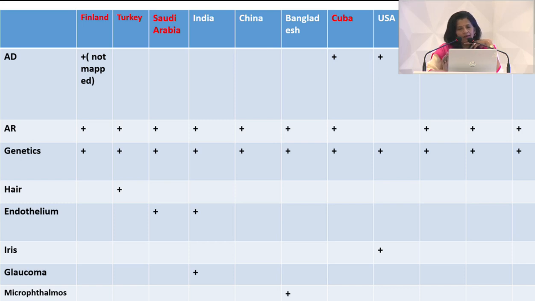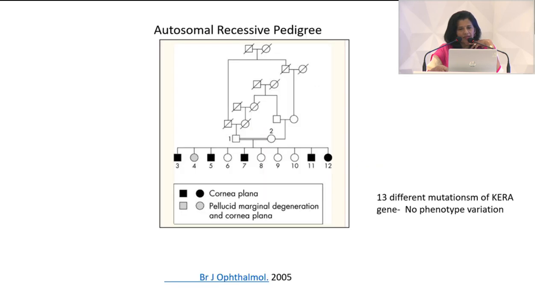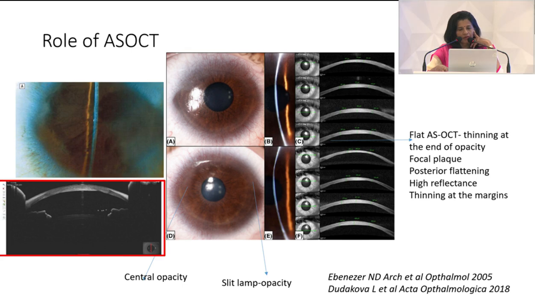And only anecdotal case reports have been described from the other countries, which are described in white. An autosomal dominant pedigree will typically look like this, where there will be multiple generations affected, and in autosomal recessive, you can skip generations and still have an affection.